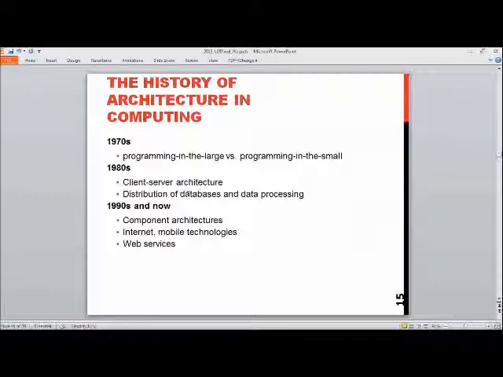Going to the 90s and to the aughties, or the year 2000 and 10 years forward, component architecture and module architecture, object-oriented programming, started to mean that the system architecture or software architecture actually became even more detailed and went into the actual applications.